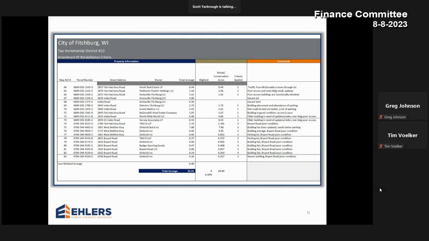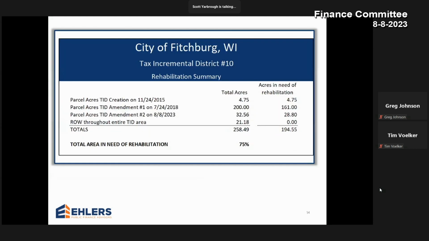A lot of the criteria centers on existing infrastructure deficiencies for the property, specifically some improvements necessary for Bryant Road and some access improvements that are necessary. That's part of the rehabilitation criteria, addressing some inefficient infrastructure. And so a lot of the area that's being added meets that rehabilitation criteria.